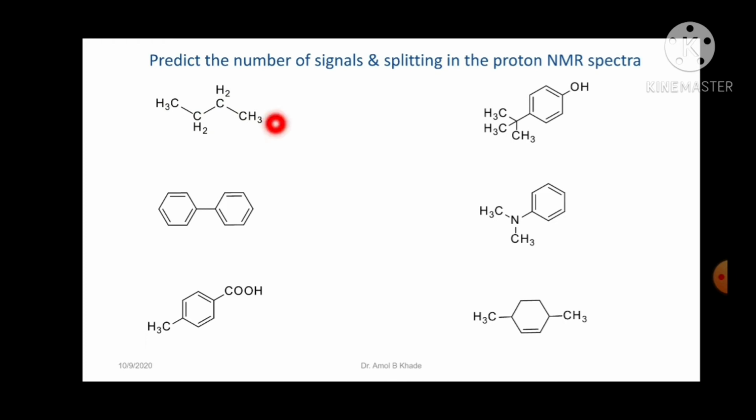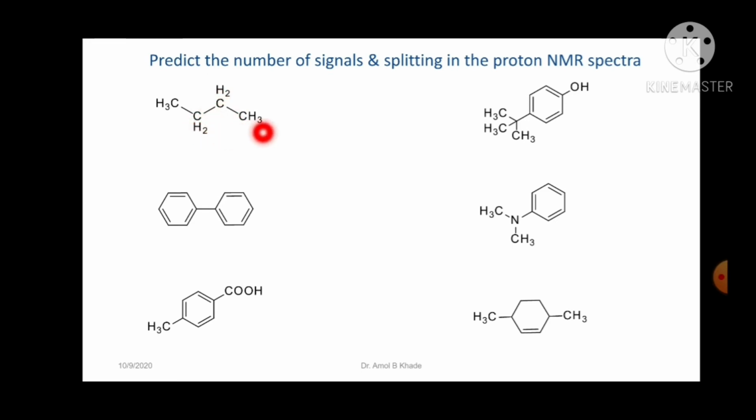And when we talk about the splitting pattern, this CH3, the neighboring carbon has 2 protons. Similarly this CH3 neighboring carbon has 2 protons, so it will be a triplet for these 2 CH3 and it will give only one signal of high intensity which on integration will give 6 protons. And for CH2 here, you can see the neighboring carbon is this as well as this.